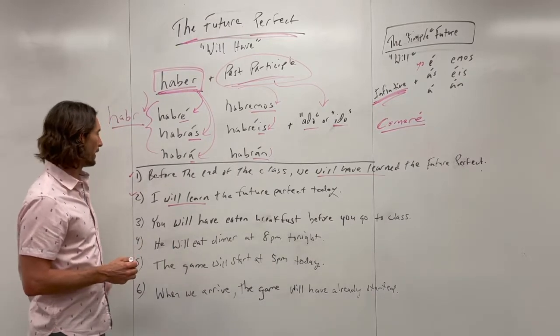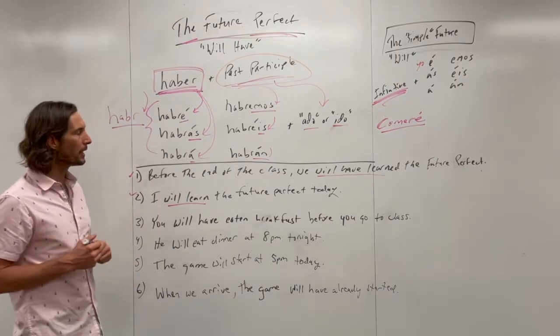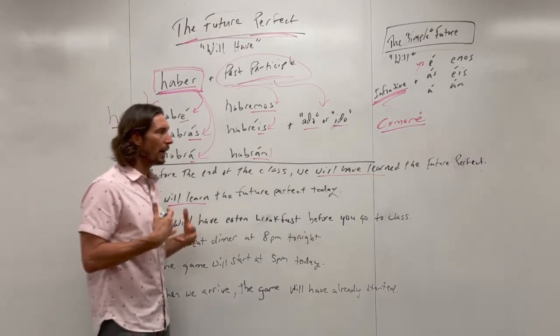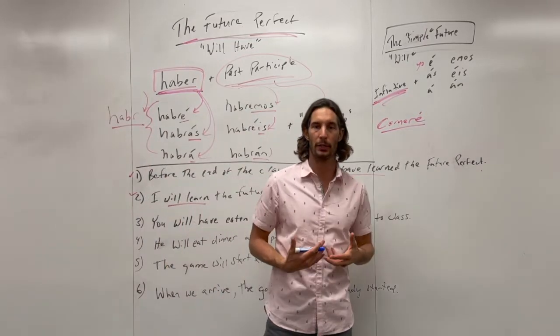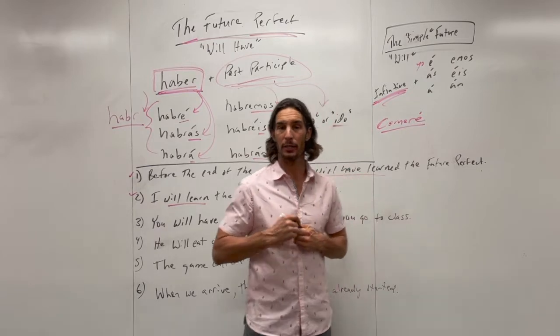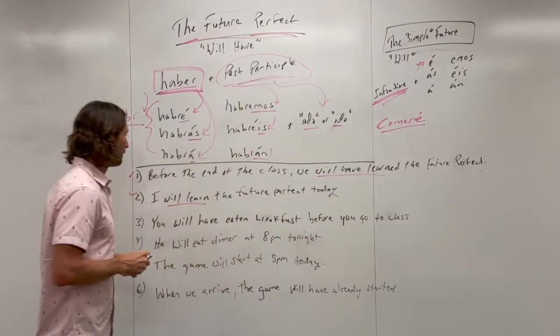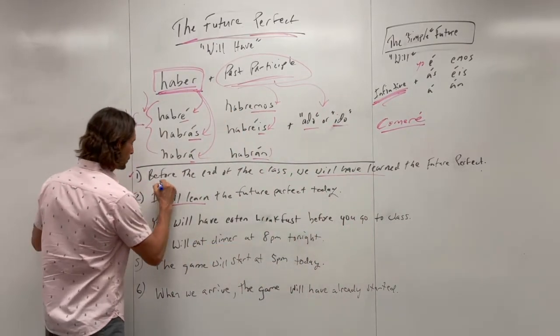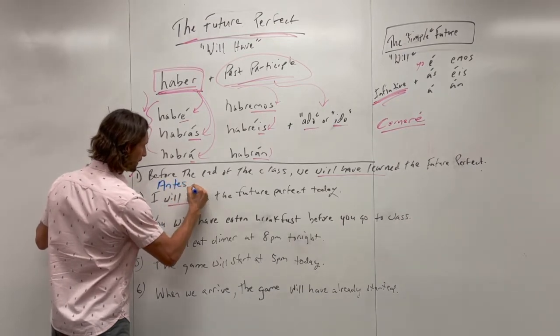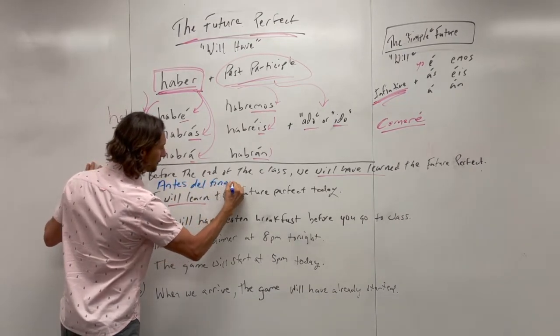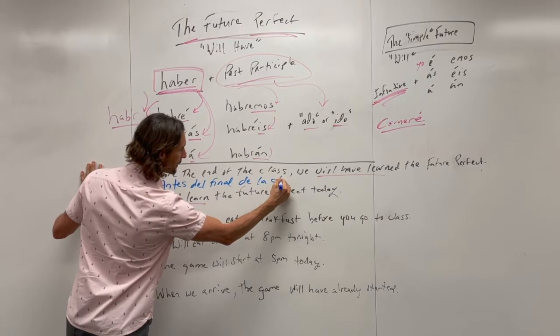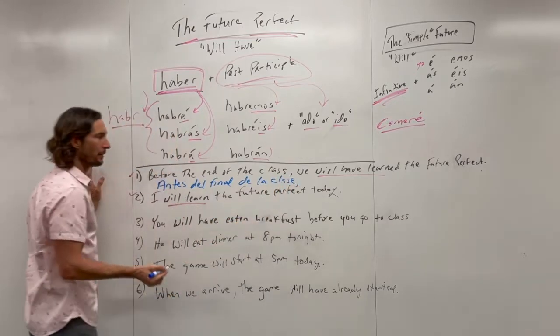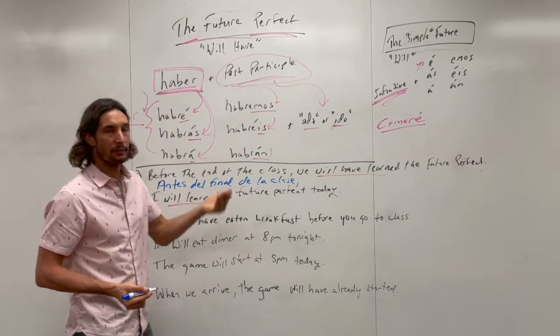So we're going to start here with, before the end of the class, we will have learned the future perfect. That's a pretty long sentence. And so let's knock it out. Before the end of the class, so antes del final de la clase. So that's before the end of the class, we will have learned.